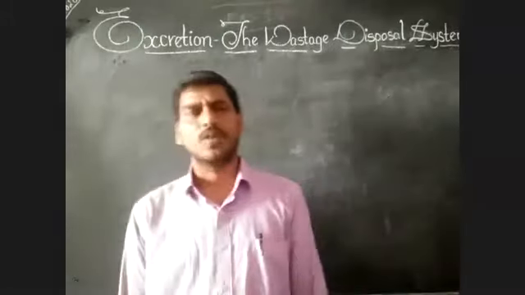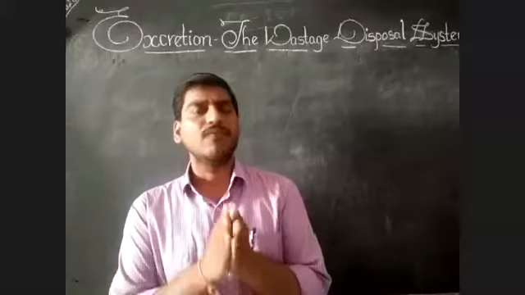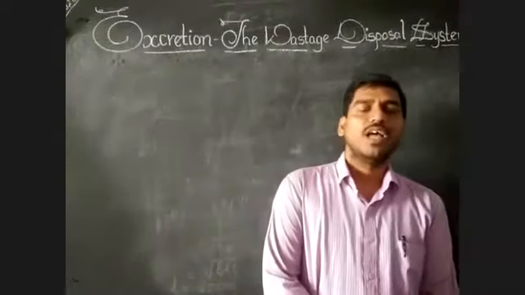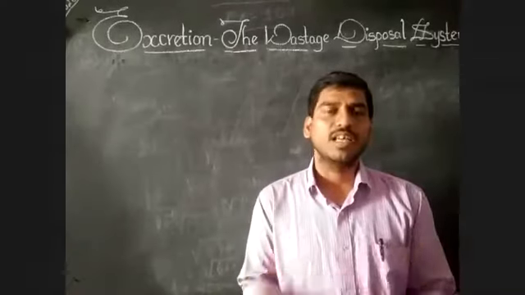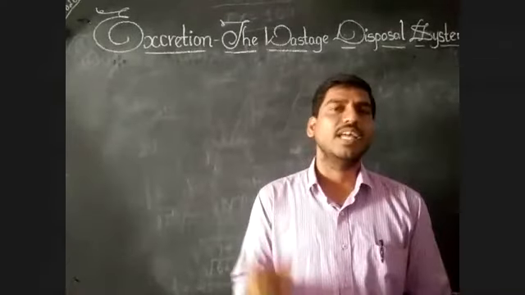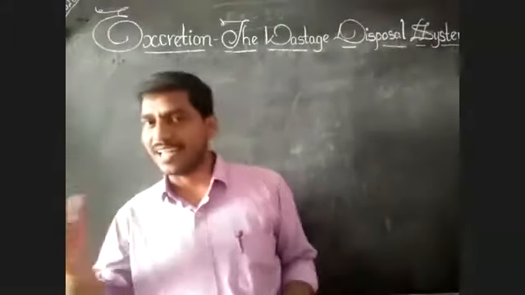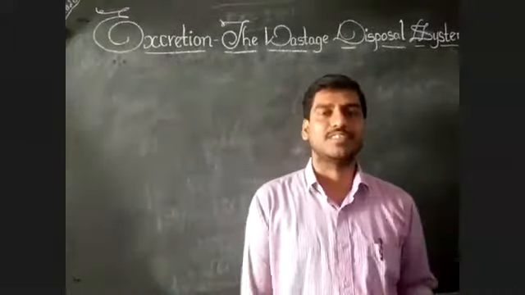Now, we have a pair of kidneys. Children, among a pair of kidneys, if one kidney fails, what happens? Only one kidney has failed and the other kidney is as usual. Just try to imagine.